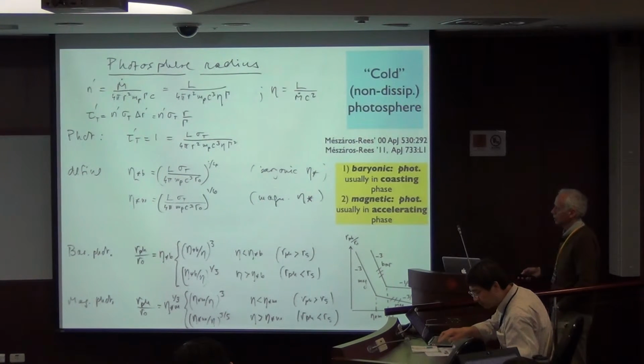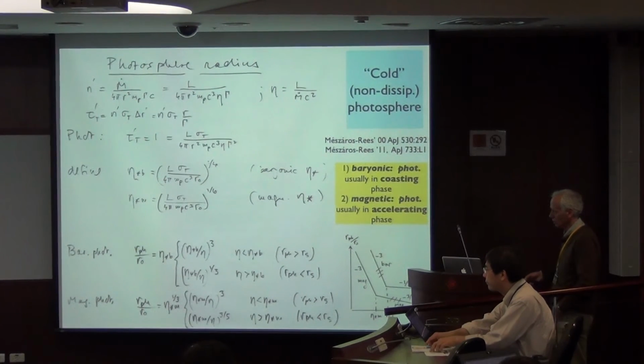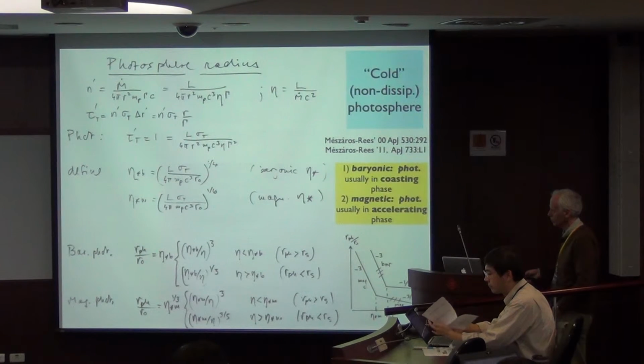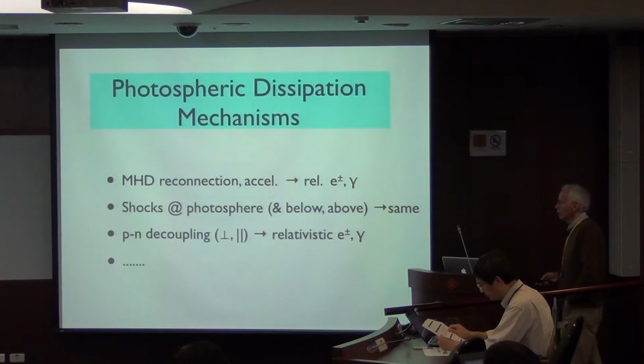Depending on whether the Lorentz factor grows as R or as R to the 1/3, the photospheric radius depends on the saturation gamma like this or like that. So you get two types of cases: the baryonic photosphere radius and the magnetic photosphere radius.